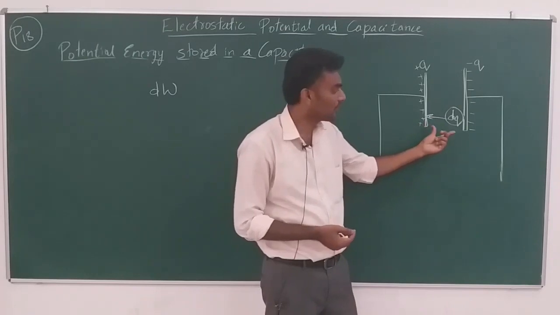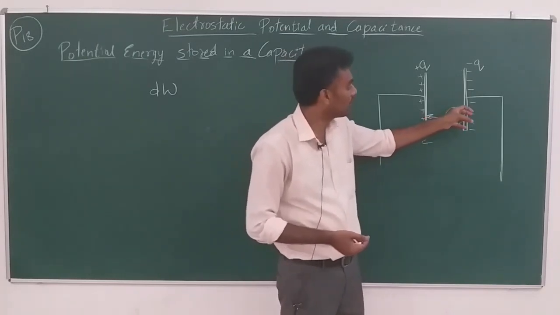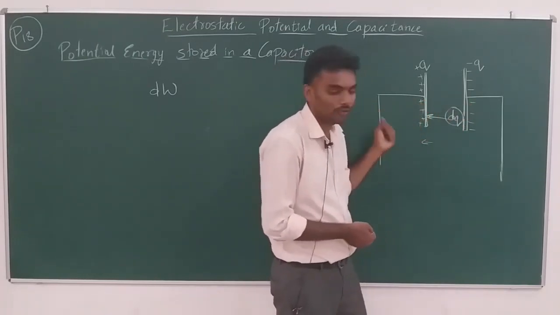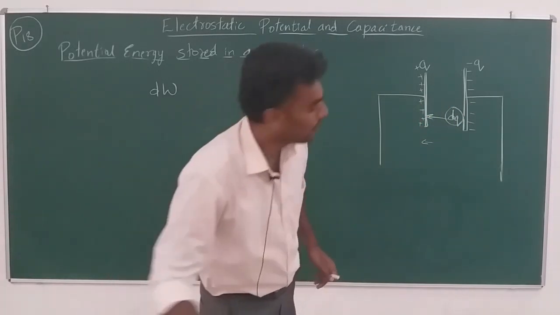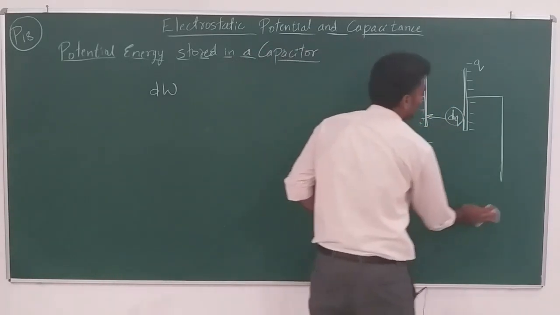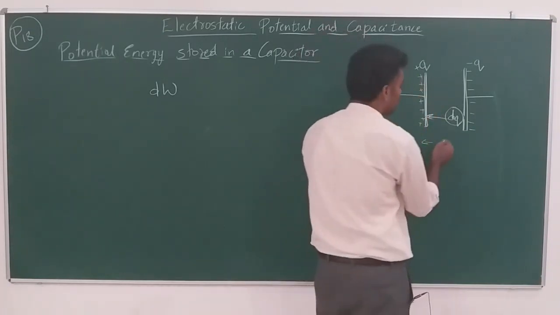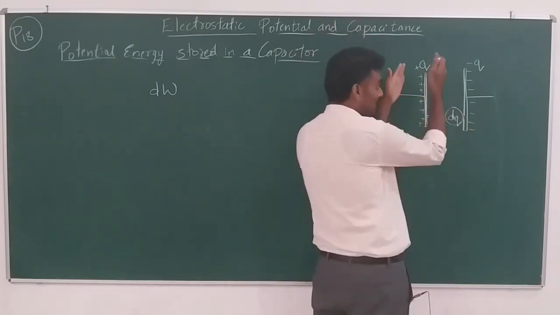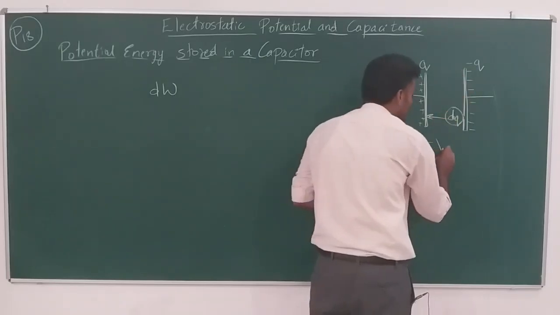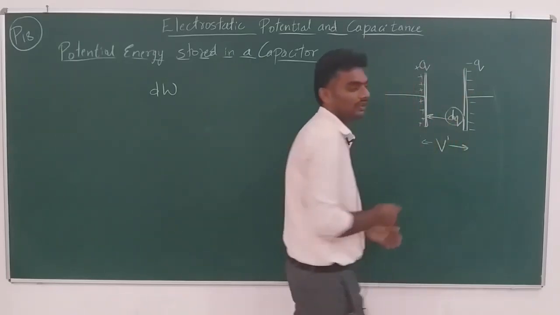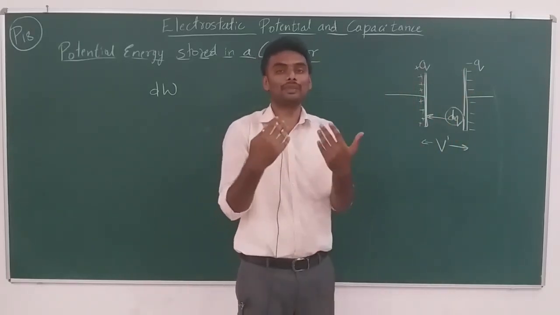For now, it's about charging the capacitor, which is pulling the electrons from this side and pushing them to the other side. It's already charged to a small q quantity, plus q and minus q, and say V dash is the potential difference. It's not yet completely charged.